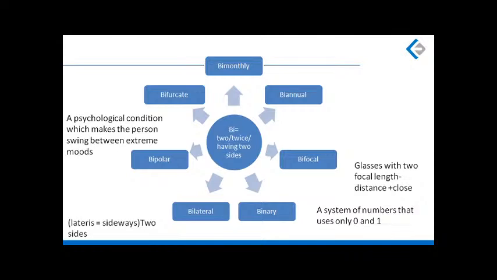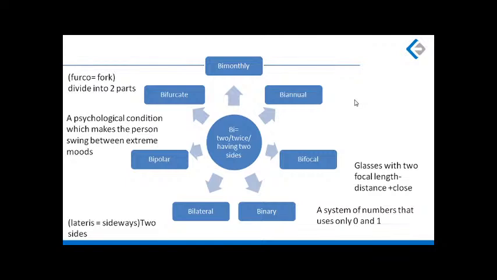There may be a trigger, there may not be a trigger. The most common example of bipolar disorder is a person who suffers from mania and depression, also called manic depressive psychosis. So that is a possibility of a bipolar condition.